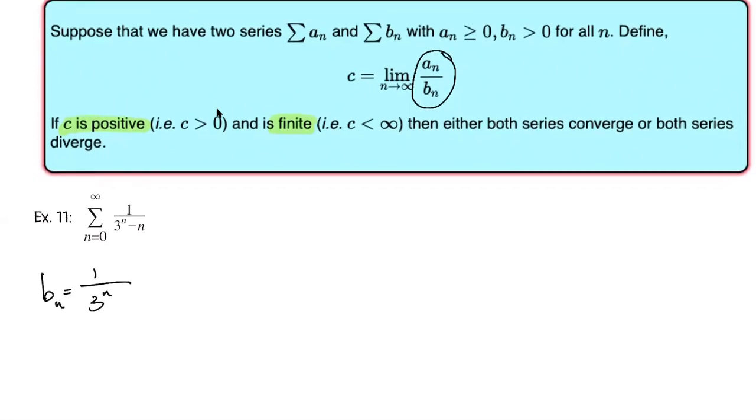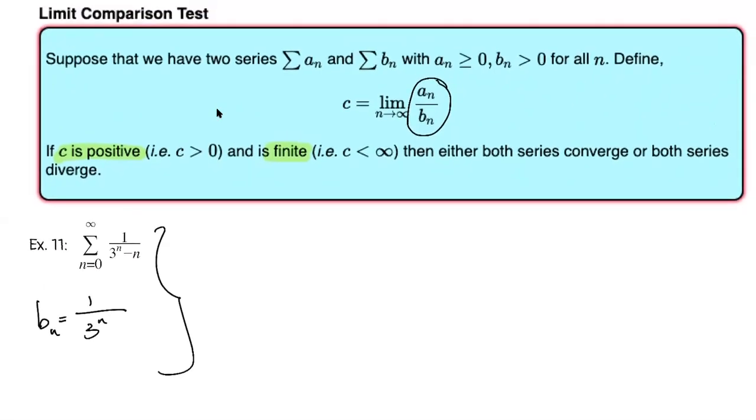Now, let's set up our limit comparison test. So I'm going to take the limit as n approaches infinity of, now here's the deal. I could write it like a sub n, that's my a sub n, right?